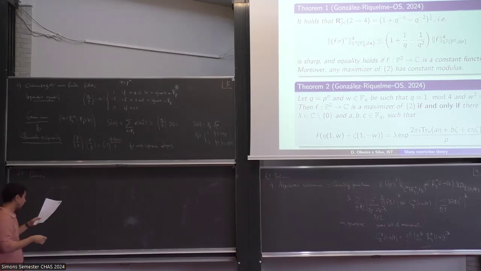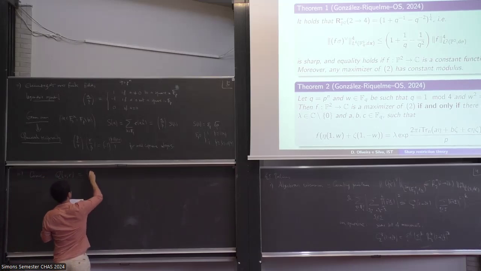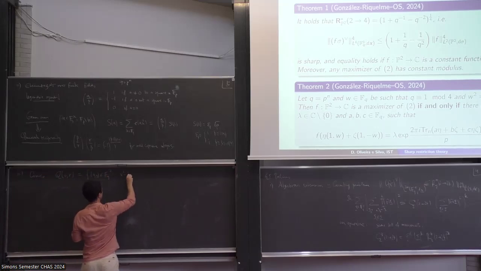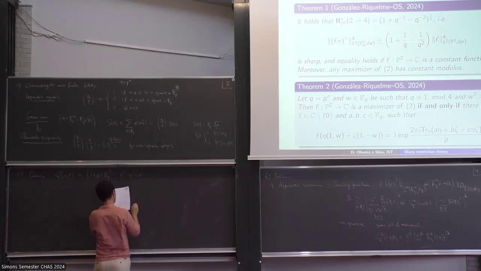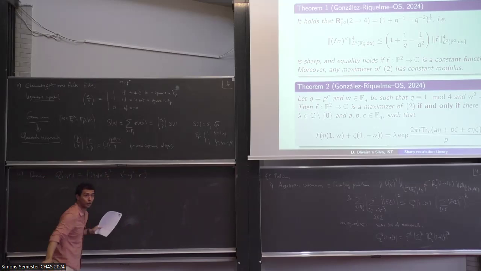These conics can be parameterized by two parameters, c and r. This is the set of points (x, y) in F squared such that x squared minus c y squared equals r. For different values of c and r, you have different conics.